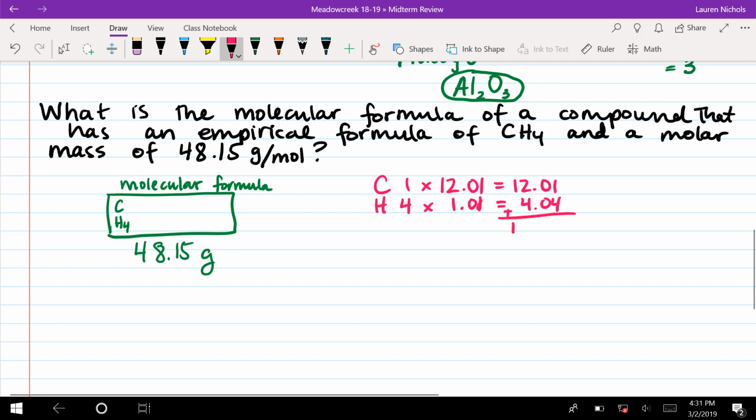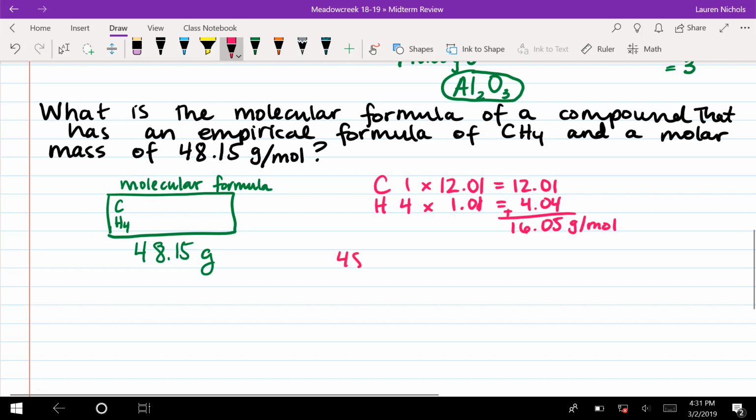We add them all together and we get 16.05 grams per mole. If our one piece, CH4, weighs 16.05, you figure out how many times it can go into 48.15. You're going to do division.